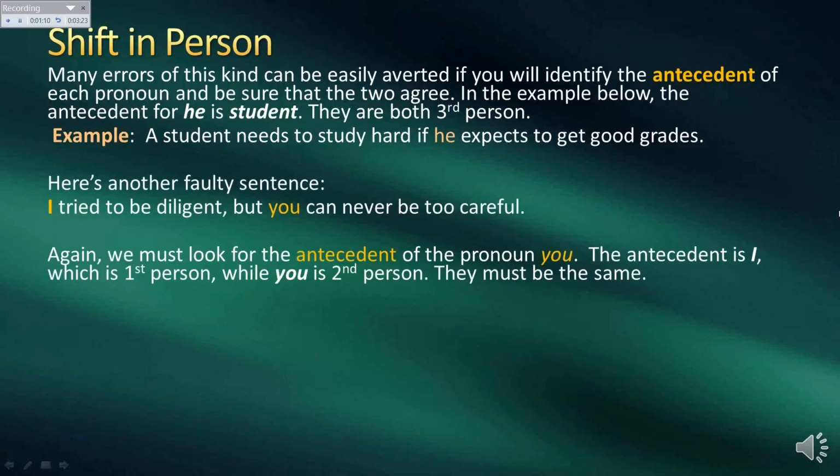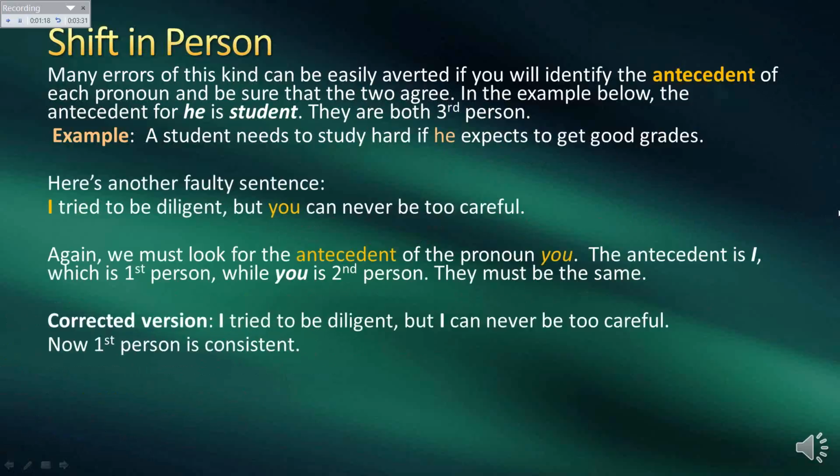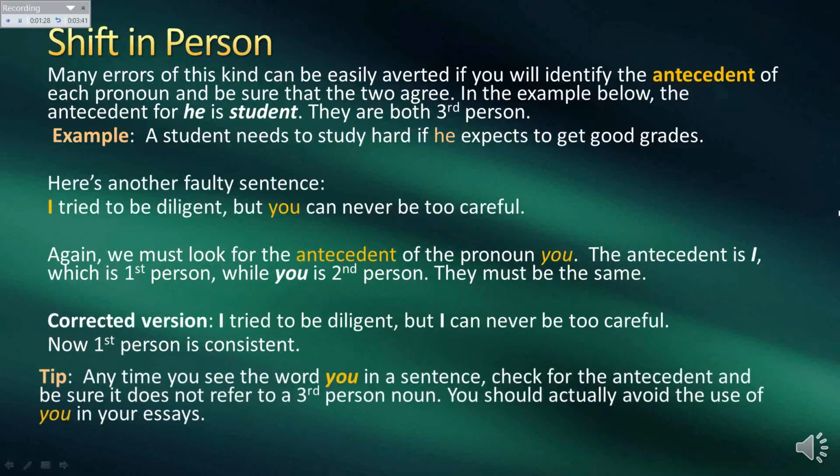But the problem is that you is second person and our antecedent is first person, and they have to be the same. So I should have said, I tried to be diligent, but I can never be too careful. Now, the first person is consistent.